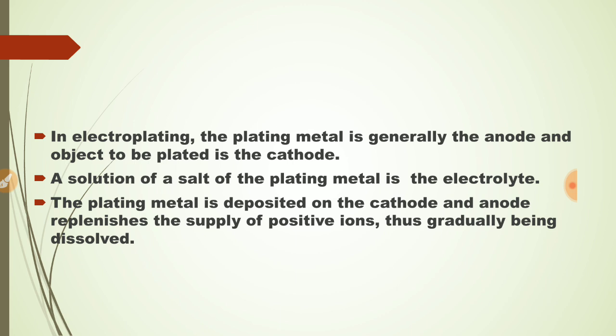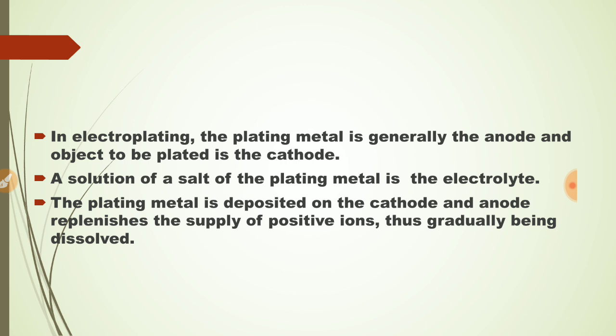I mean to say, the metal which we have to plate, what is it made? Anode. Anode means it is connected to the positive terminal of the battery, and the object on which plating is to be done is made cathode, meaning attached to the negative terminal of the battery, and the solution of salt of plating metal is the electrolyte.